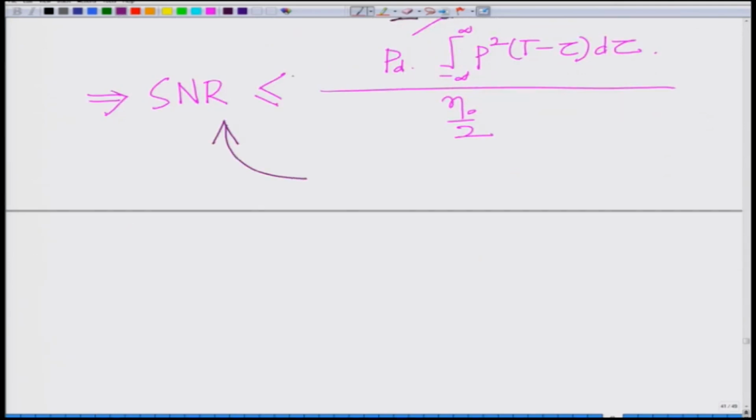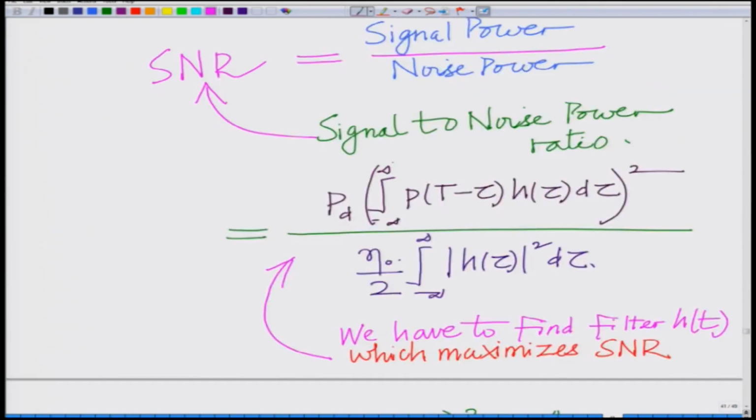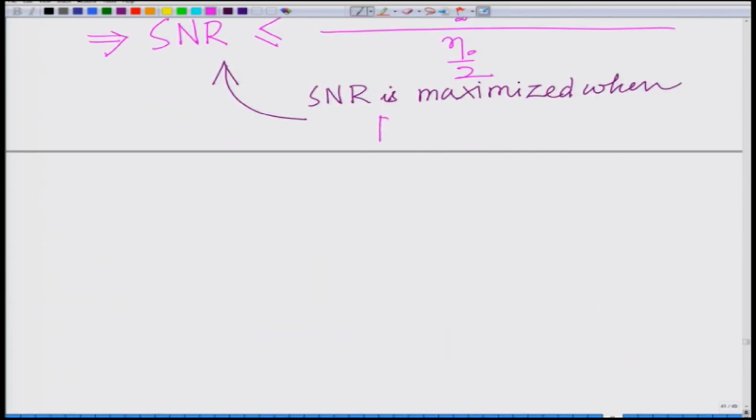So, SNR is always less than or equal to the quantity on the right. Equality holds, or SNR is maximized, when, remember, our ut is pt minus tau and Vt is h tau, we have to have pt minus tau proportional to h tau.